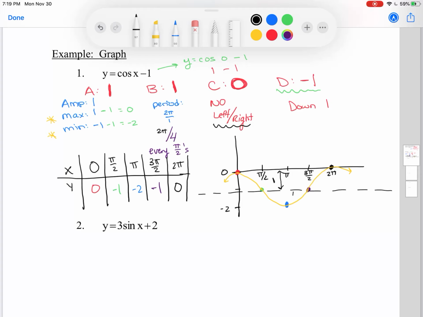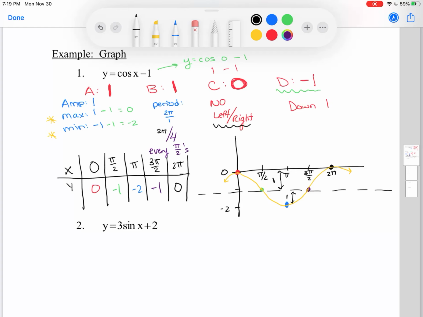Similarly, if I went from the middle down to the bottom, my minimum, I would also have a distance of 1. That is what your amplitude is telling you. It's the height from the middle of your graph up to your max, then down to your min. So if you're getting confused, that is the simplification of that.